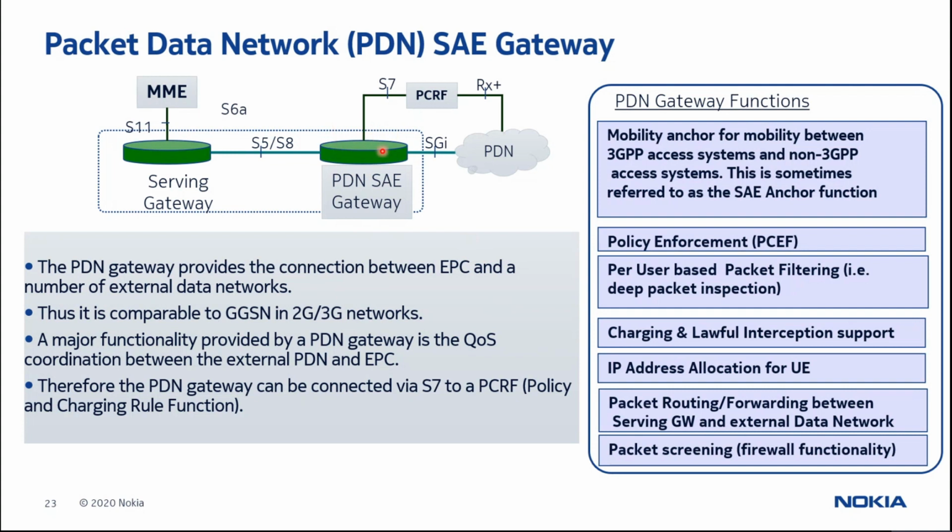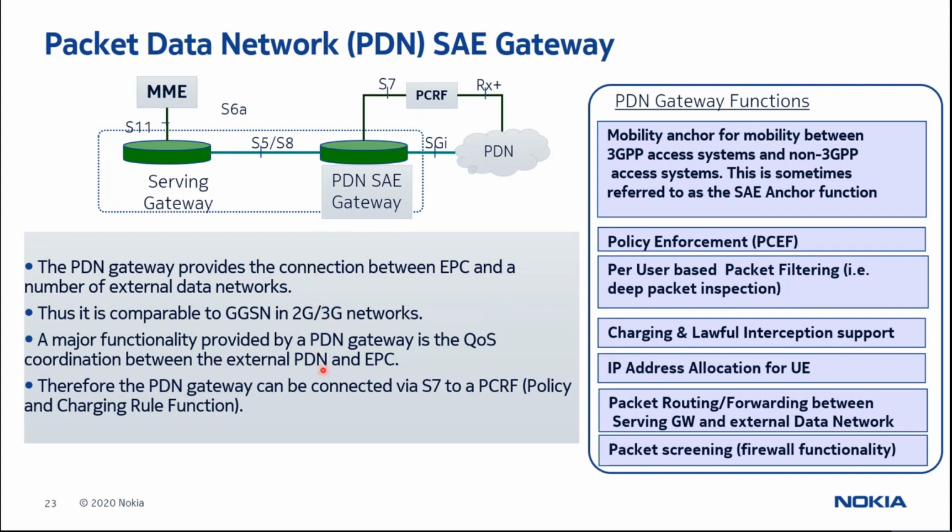So based on the APN that is assigned for the subscriber, the PDN gateway will ensure that the access point name is converted into an IP address for the user, and this IP address is unique. It is one of the IPs which is there as a subnet for that particular access point.